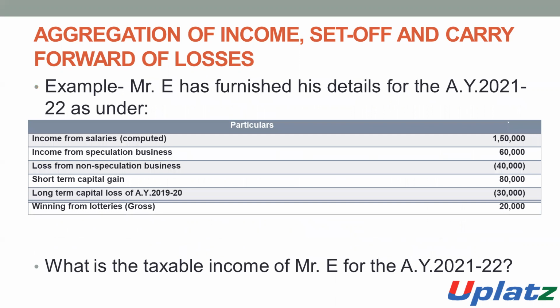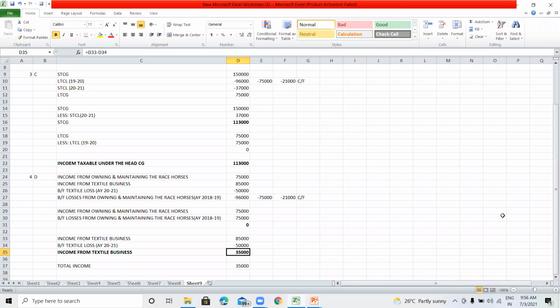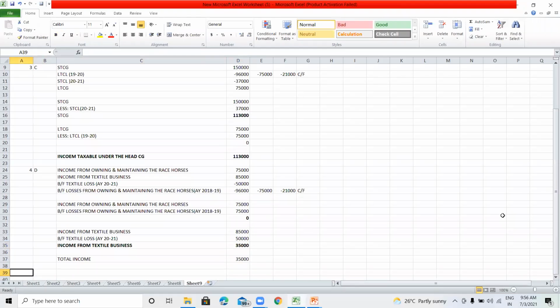Now we will discuss an example, and on the basis of this example we will understand how to set off all these things. Mr. E has furnished his details for the assessment year 2021-22.